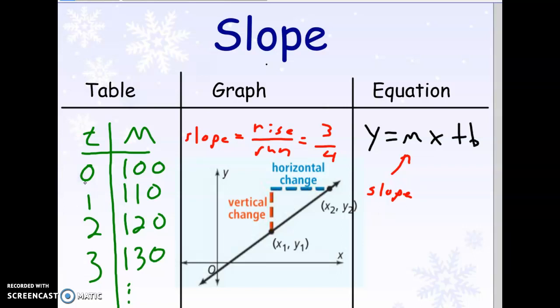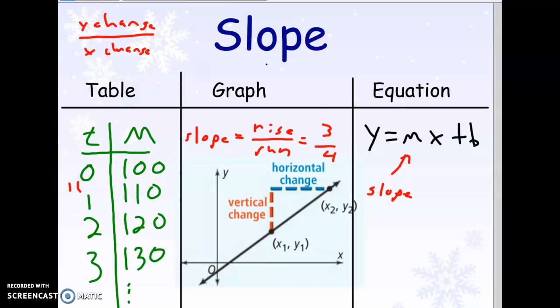All right, in a table, this is the one I find students are least familiar with, slope is just the ratio of change. Another way to think of it in a table is as a ratio of how the y variable is changing compared to how the x variable is changing.